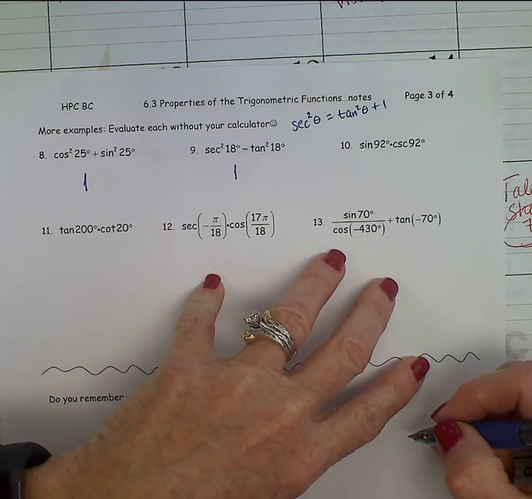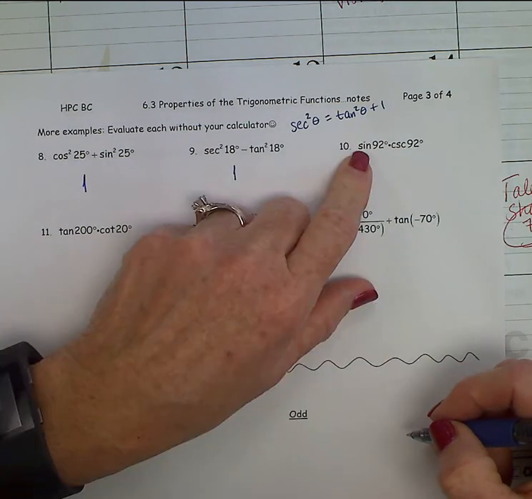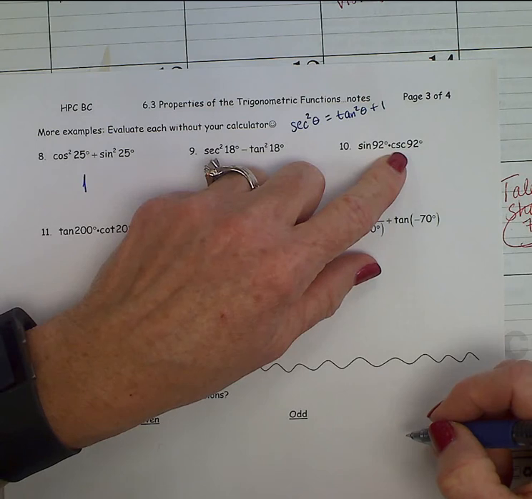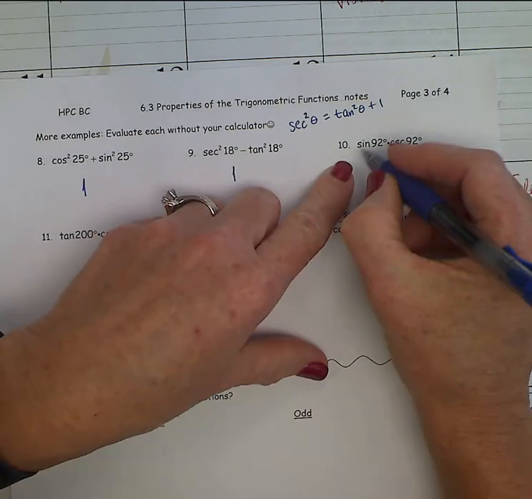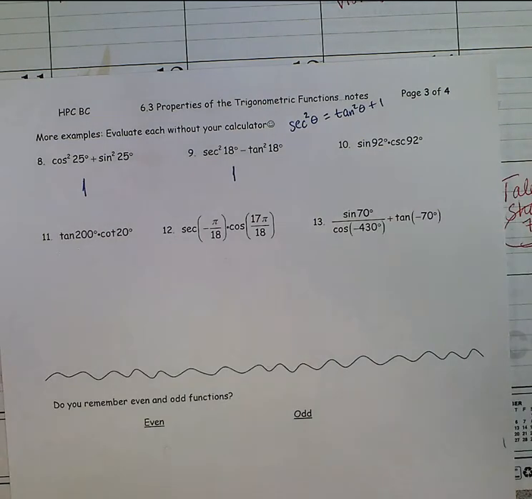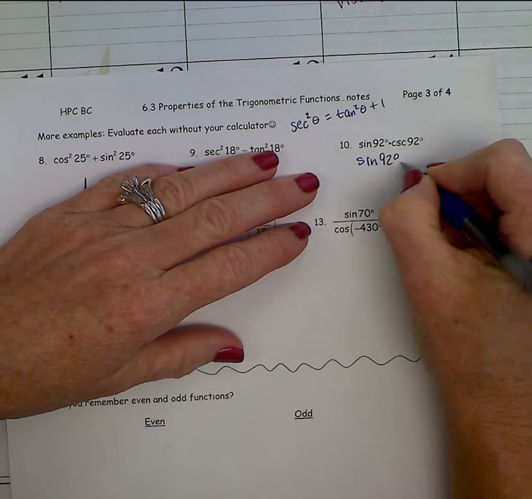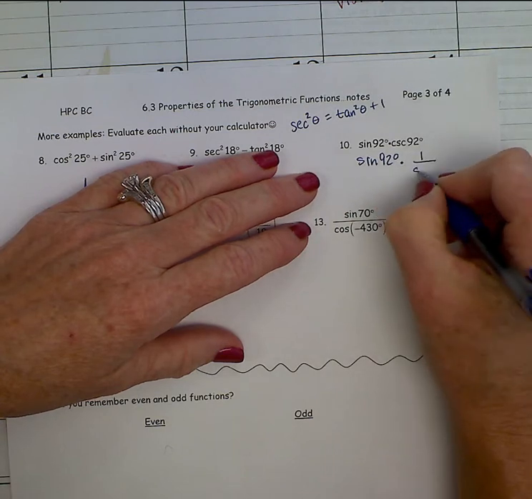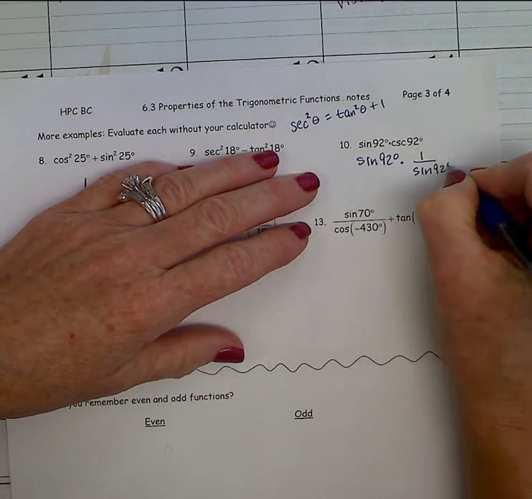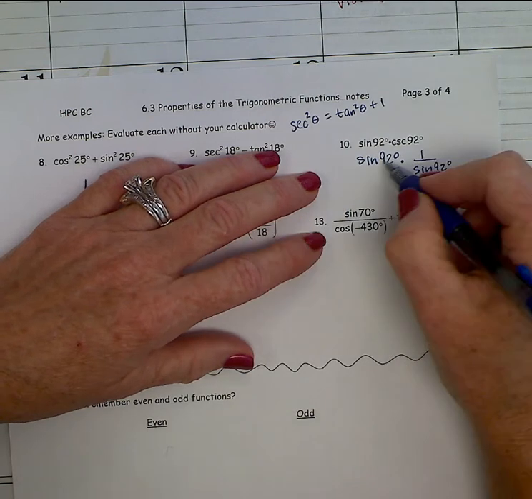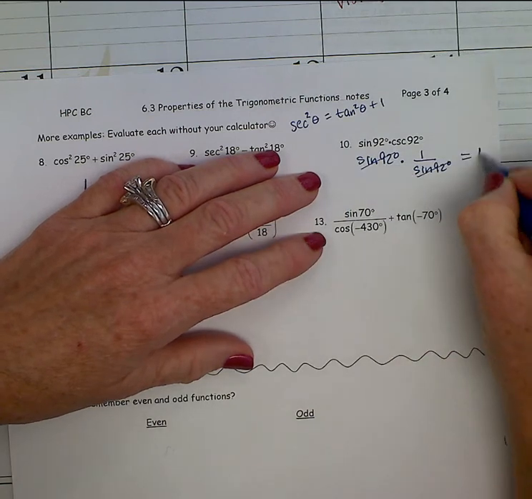All right, this one, sine of 92 times the cosecant of 92. Well, cosecant's 1 over sine, so this says sine of 92 times 1 over the sine of 92. Oh, look at that. That's 1.